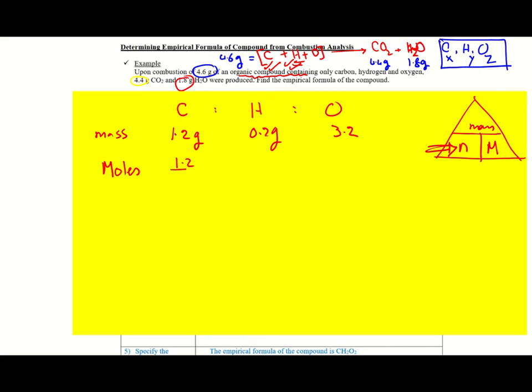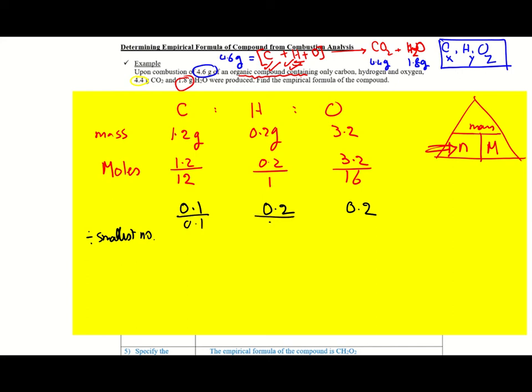So 1.2 over molar mass of carbon, 12; molar mass of hydrogen is 1; molar mass of oxygen is 16. So the values will be 0.1, 0.2, and 0.2. To get the whole number ratio, divide by the smallest number. What is the smallest number out of those? 0.1.